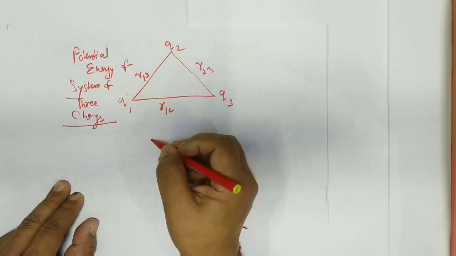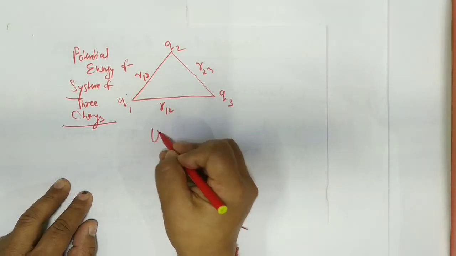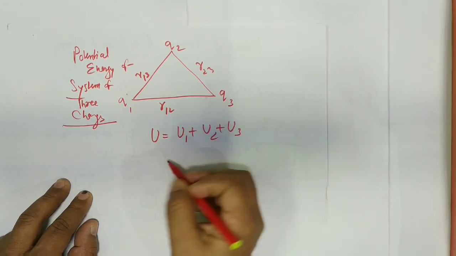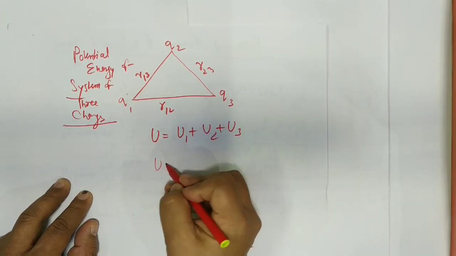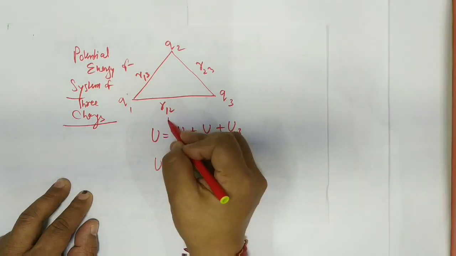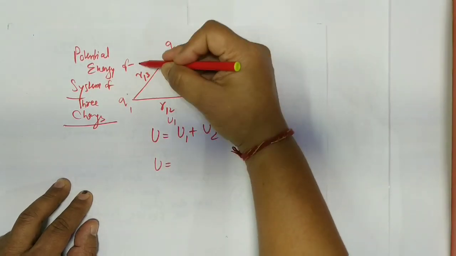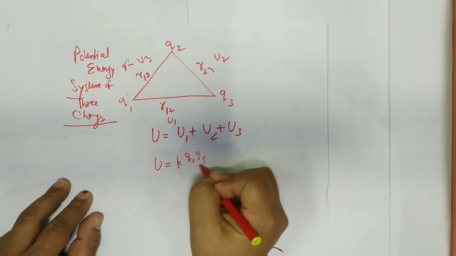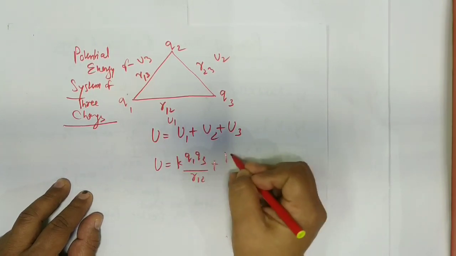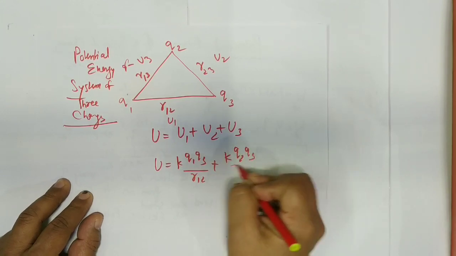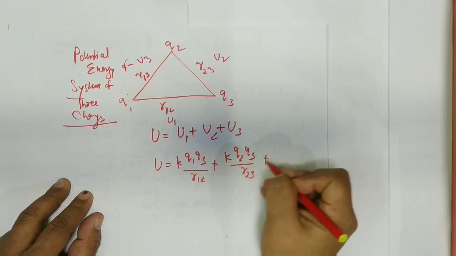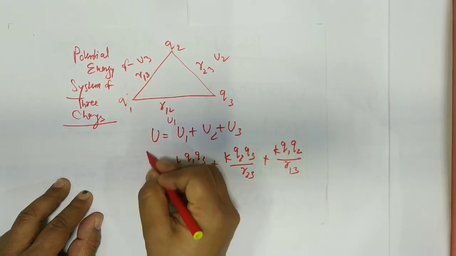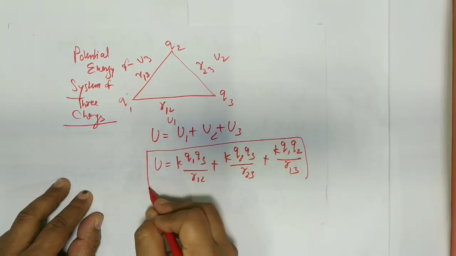If I ask you what is the net work done, you know that U1 plus U2 plus U3, remember gravitational potential energy, where U1 is between these two charges, U2 is this, U3 is this. So can I write k Q1 Q2 by R12 plus k Q2 Q3 by R23 plus k Q1 Q3 by R13. So this will be the net potential energy.